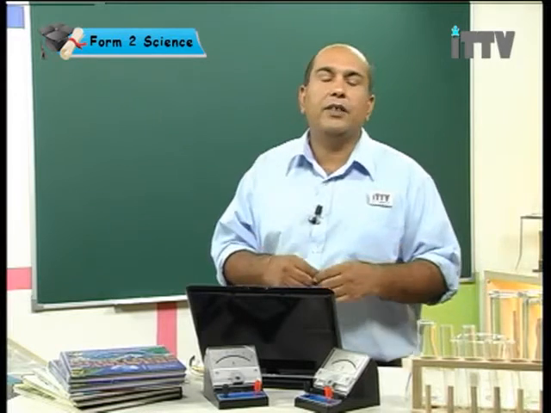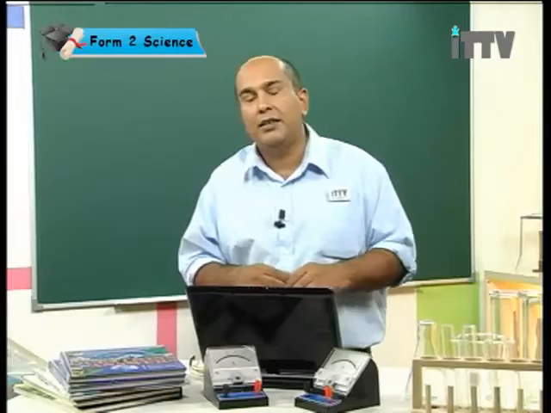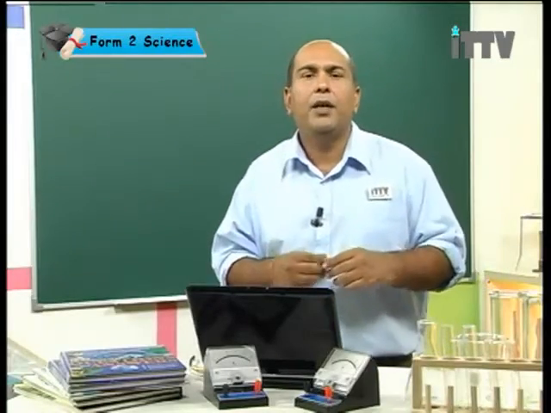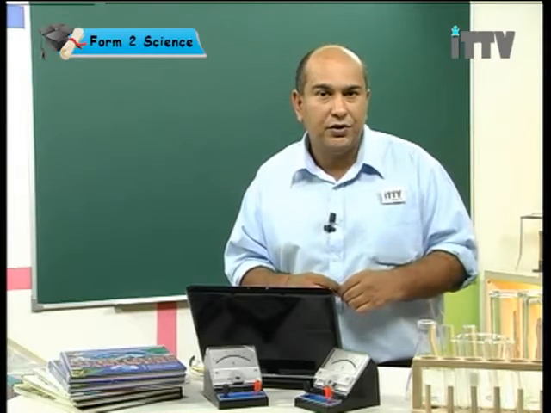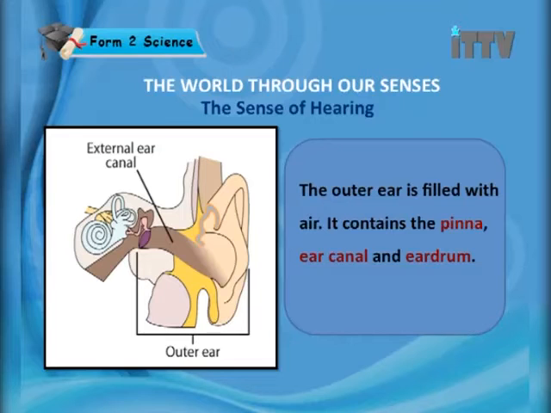What we're going to do now is have a look at each of those parts, and I'll briefly describe the key organs or the key tissues in each of those areas. The outer ear is filled with air. It contains the pinna, ear canal, and eardrum.